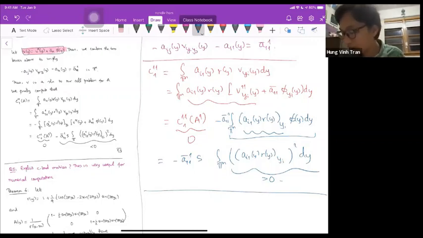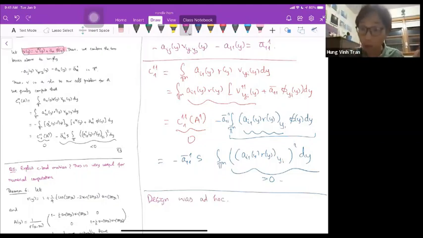So what I should say is that the design in the proof was ad hoc. It was that what we want, and then we designed it in such a way, and we took advantage of certain properties of invariant measures that we know. And I think that some deeper understanding is needed.